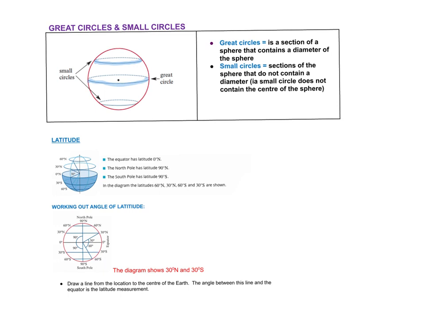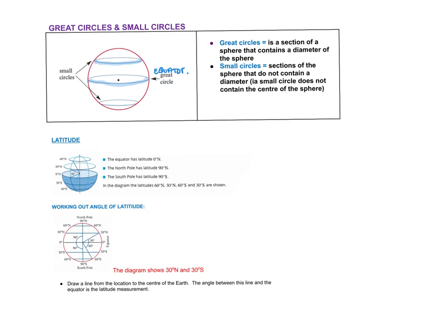Right here in the middle, this great circle is the equator. And when they give a latitude bearing or number, they're telling you how far you have moved from the equator.